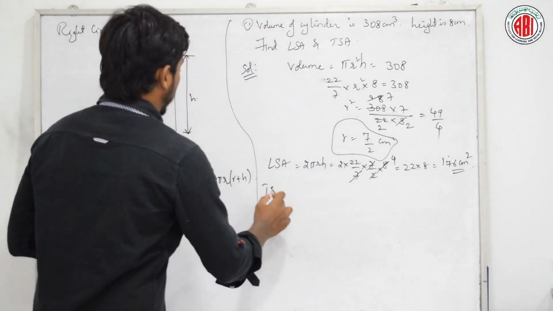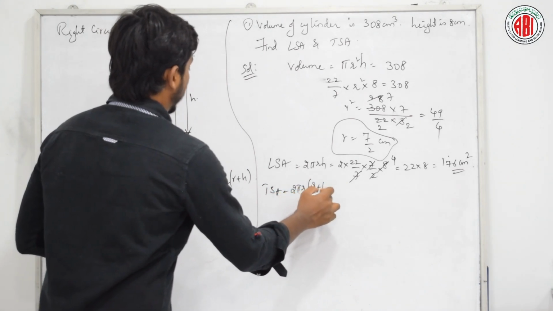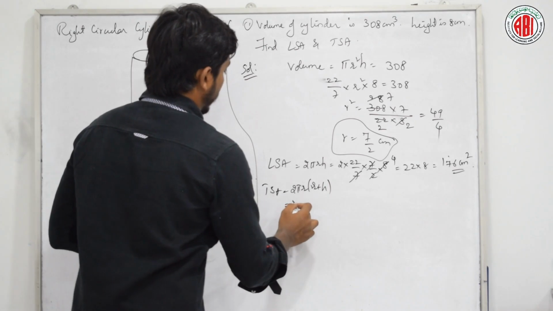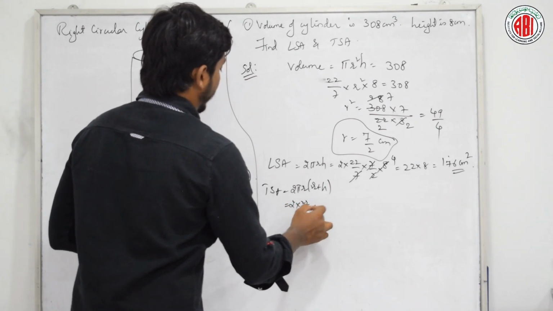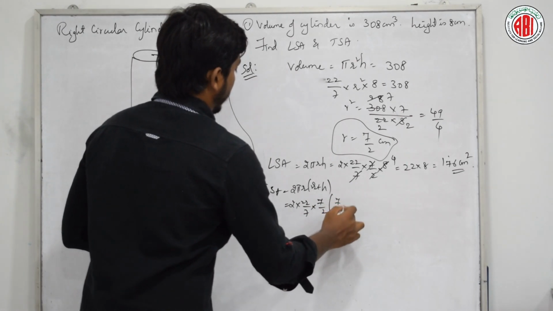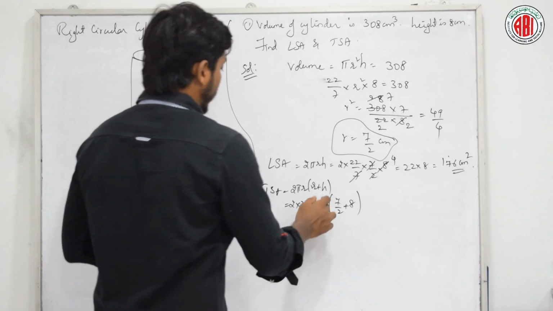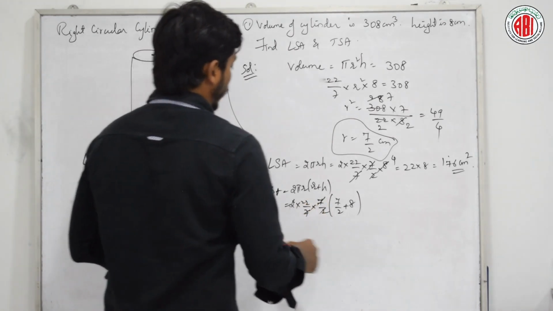What about TSA? TSA is 2 pi r into r plus h. That is 2 into 22 by 7 into r is 7 by 2 into 7 by 2 plus 8. Here 7 7 will get cancelled, 2 2 will get cancelled.